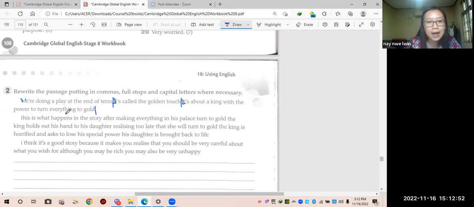Okay, this is what happened in the story after making everything in his palace turn to gold. The king holds out his hand to his daughter, realizing too late that she will turn to gold. For the first line, what do we have to do?